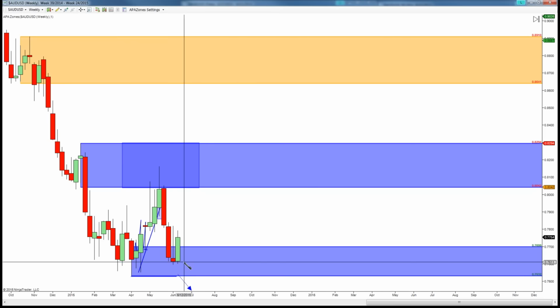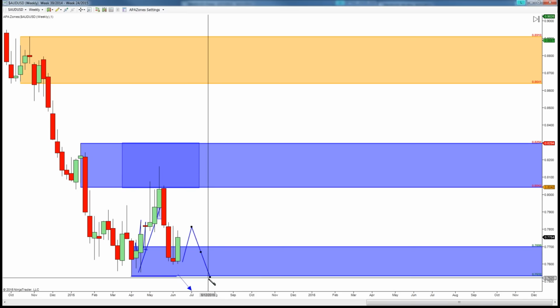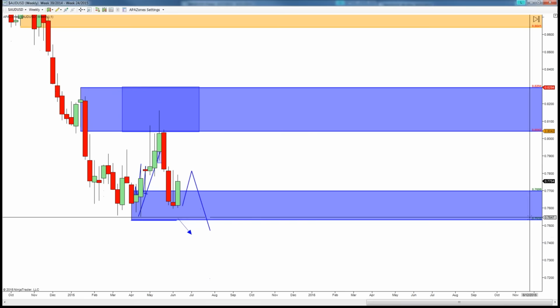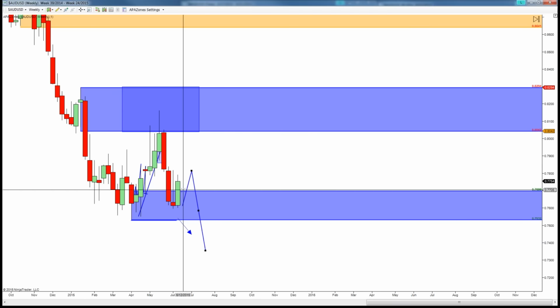Now, in order for that area to turn into an area of supply, I think what would be appropriate is maybe a little bounce around in here, kind of like what it seems to be doing, and then it makes a new low. Making a new low is very important for this area to flip-flop.